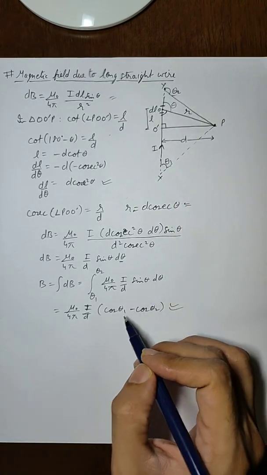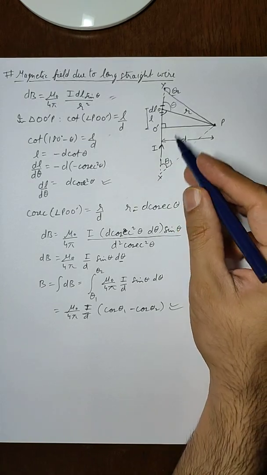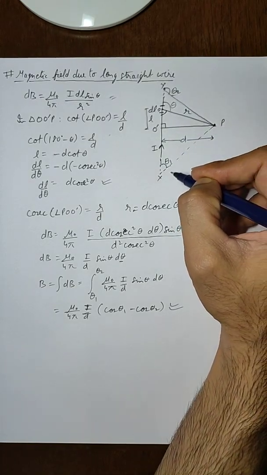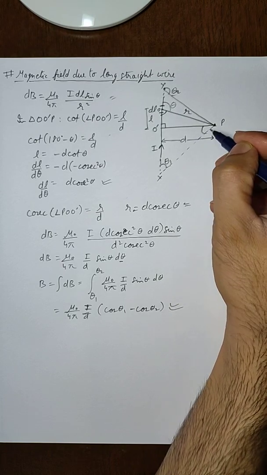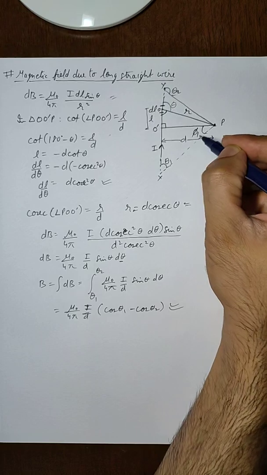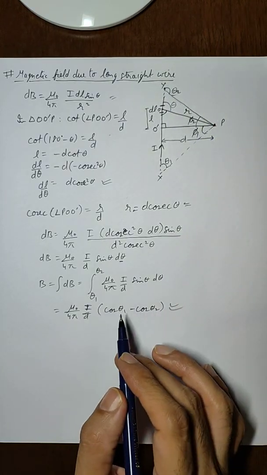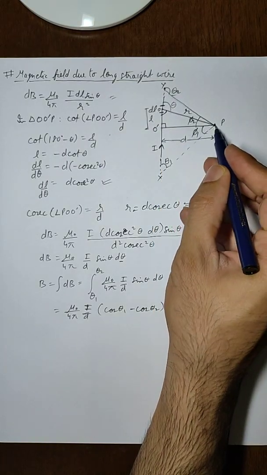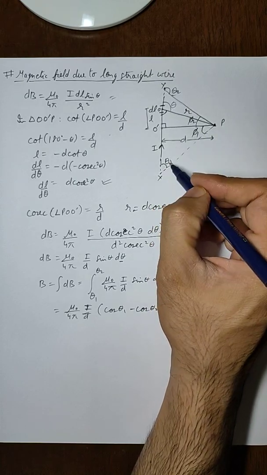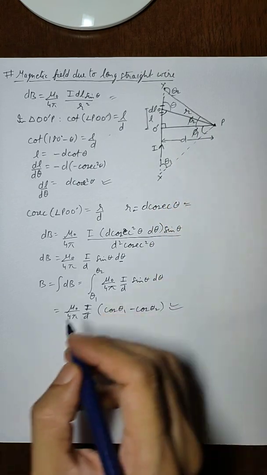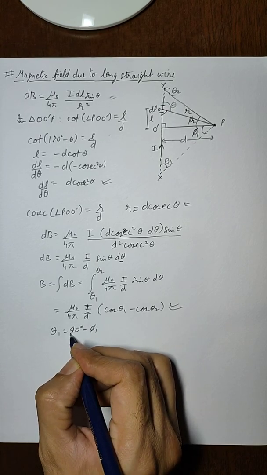This can be written in some other form also, in which instead of theta 1 and theta 2, we can have the angles from x and y at point P. So this can be taken as phi 1, and if this is taken as phi 2, then we can replace them using the triangle P, O dash and X. From this triangle we get theta 1 equals 90 minus phi 1.